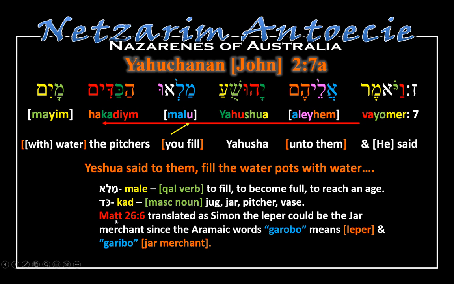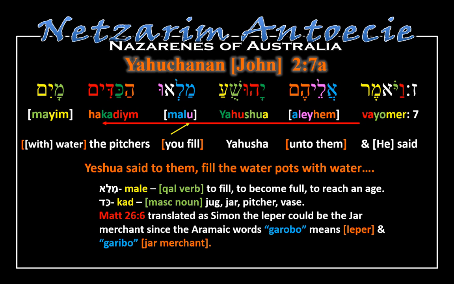And then I've given you something here. Matthew 26:6, translated as Simon the leper, could be the jar merchant, since the Aramaic words garobo means leper and garibo means jar merchant. And why I'm mentioning that is because in the context of Matthew, it's quite possible that they've mistranslated that.